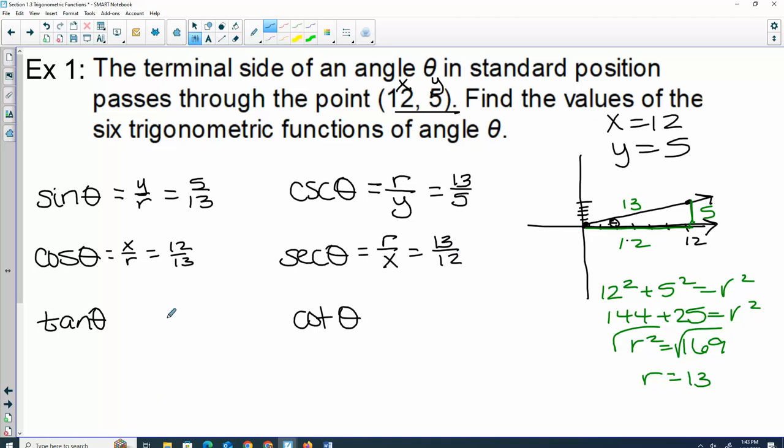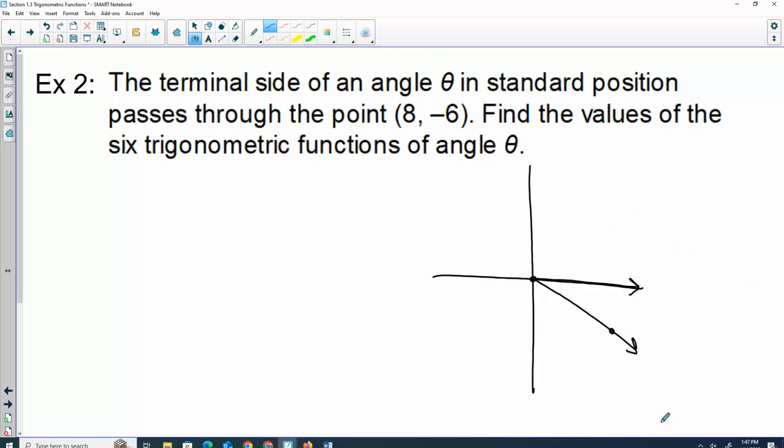Tangent, the definition is y over x, or TOA, opposite over adjacent. So that's 5 over 12. Cotangent flips those, so x over y, or 12 over 5.